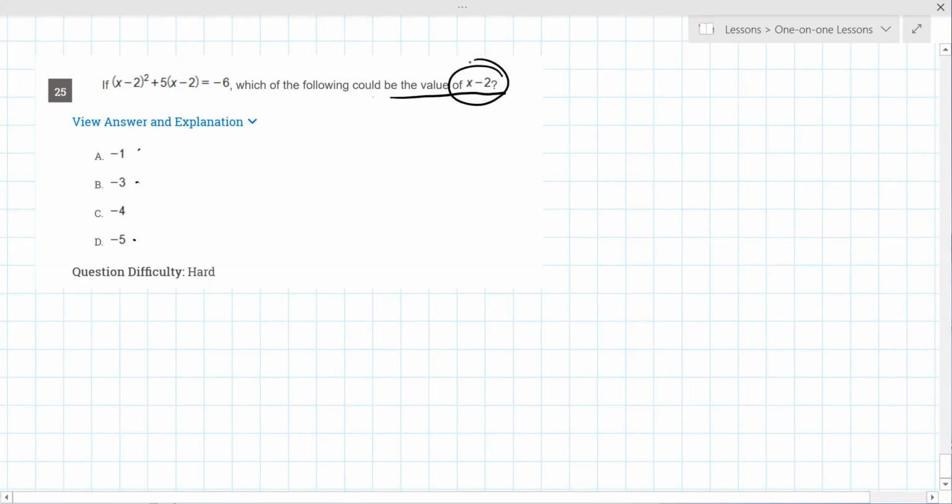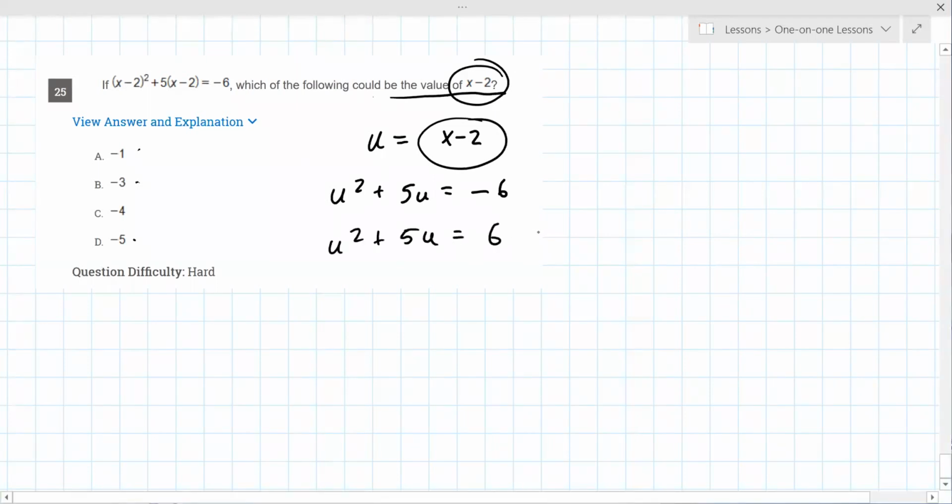When we were dealing with factoring problems, do you recall using substitution? Yeah. Okay, so if you do that here, this becomes u squared plus 5u equals -6. Yeah, I remember this. And how do you solve something like this? You factor that.